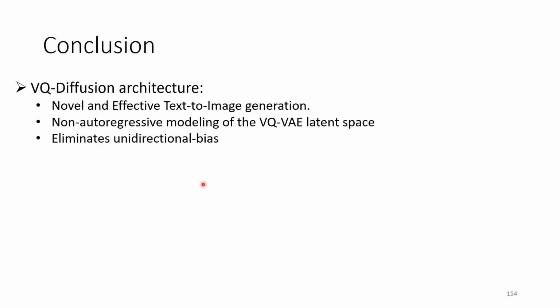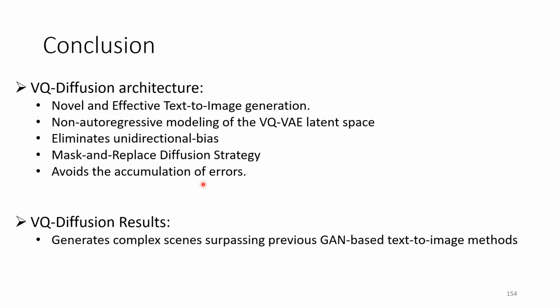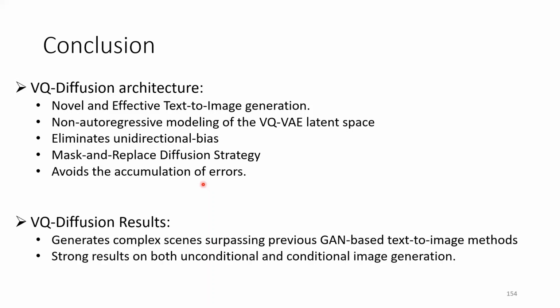And they've also introduced something called the mask and replace diffusion strategy, which is used to avoid the accumulation of errors. Then we looked at some of the VQ diffusion results, and we've seen that it can generate complex scenes better than previous GAN-based text-to-image methods, and also gives strong results on both unconditioned and conditional image generation.